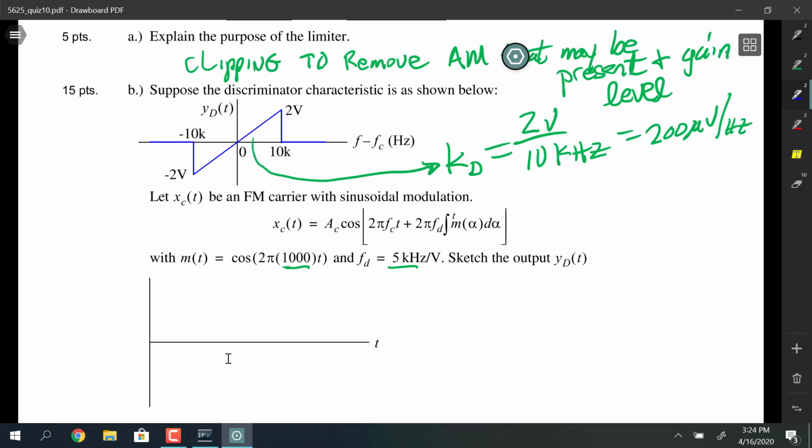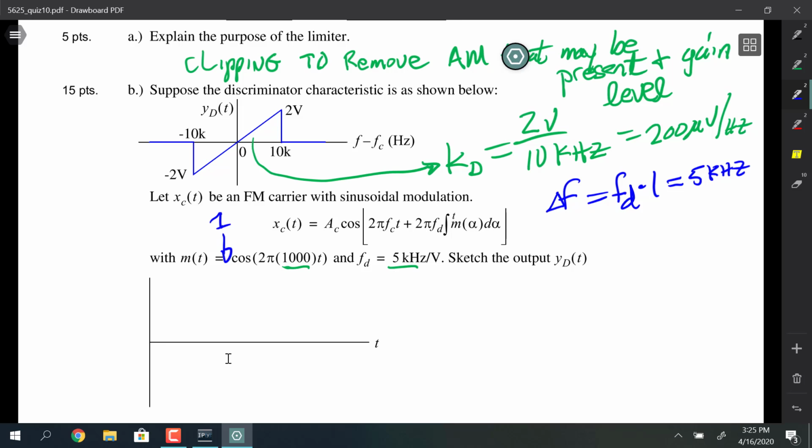We know that the peak deviation that the transmitter is putting into the receiver is going to be FD times 1, because implicit over here is 1 volt. So we're getting exactly 5 kilohertz. And so it is exactly what I said. Maybe my brain was subliminal and I said 5 kilohertz.